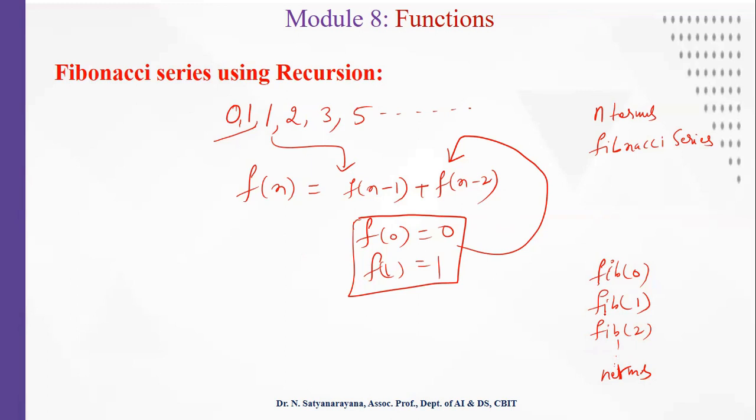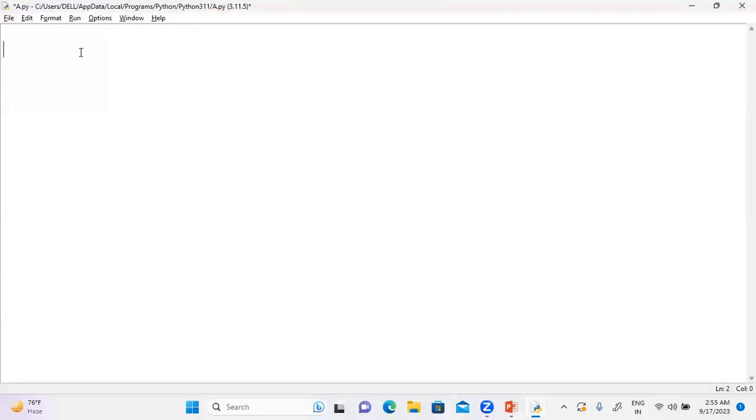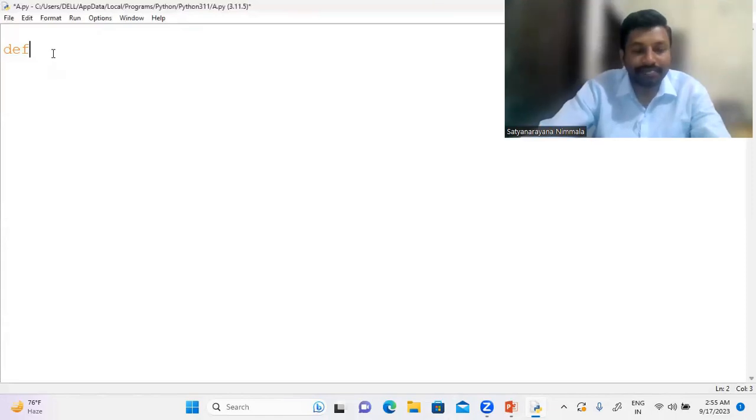So we will see how this program can be written in my IDE. Let us see. I want to calculate the Fibonacci series. So let me define a function as fib, which will take the parameter, say, n. So what is that logic? The base case is if n is equal to 0 or n is equal to 1.